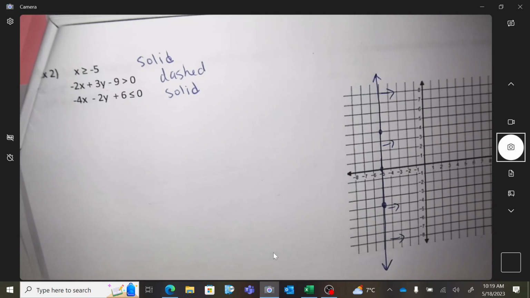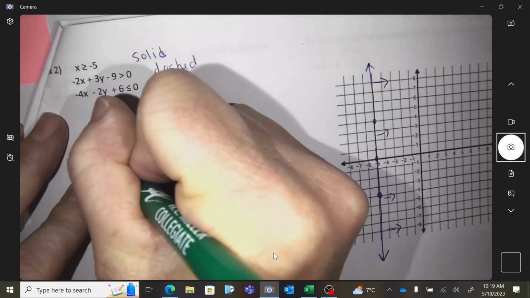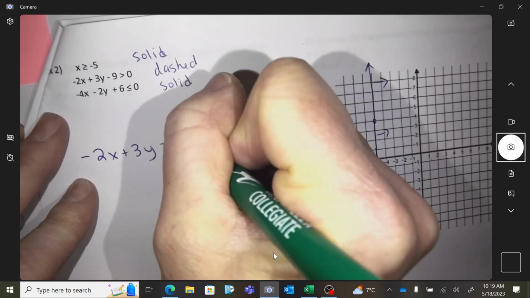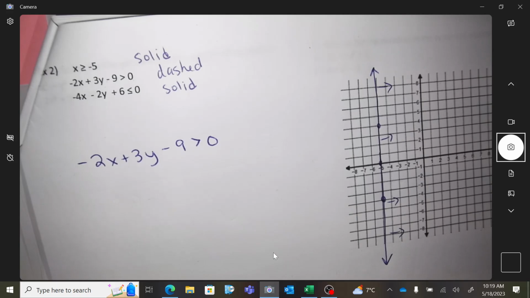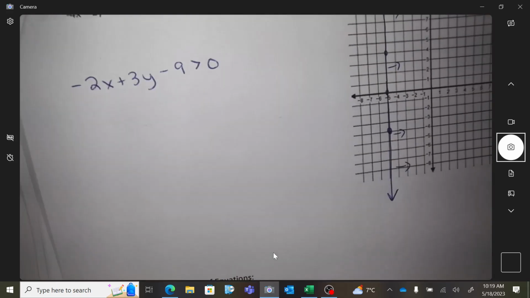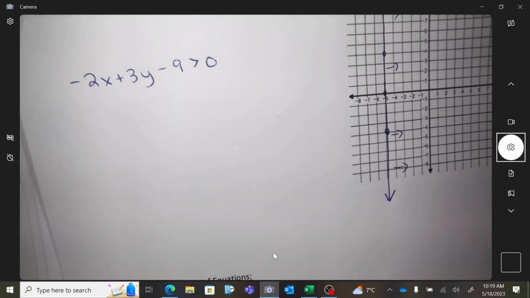Okay, number 2. I can't do anything right now because I don't know any info. So here's the goal. We want to make it look like y equals mx plus b. So we want y alone. So algebra, ready?